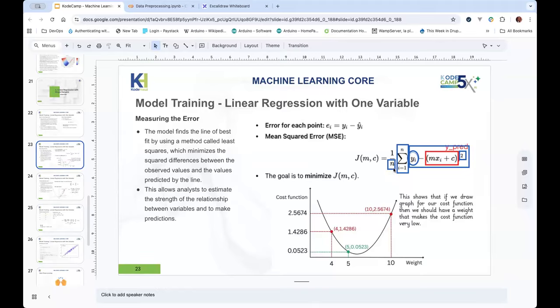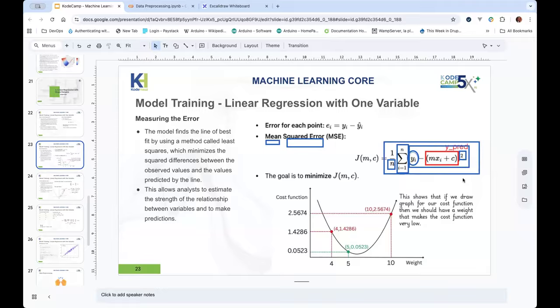Whenever you divide a sum of something by the number of things that were there, what do you get? It's the average, the mean. So that's why it's called the mean squared error, because it is the mean of the sum of the squares of the error of each data point away from the prediction.